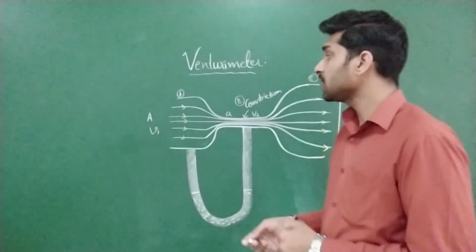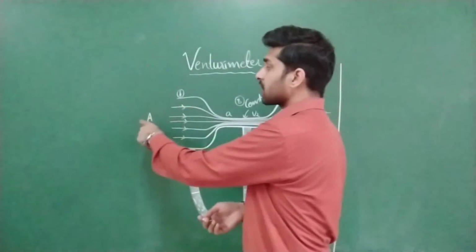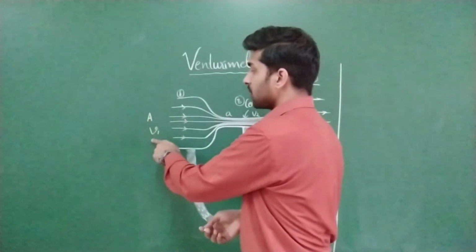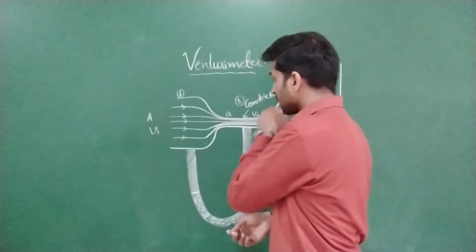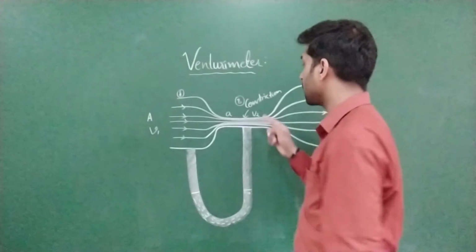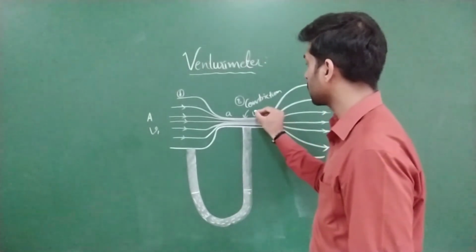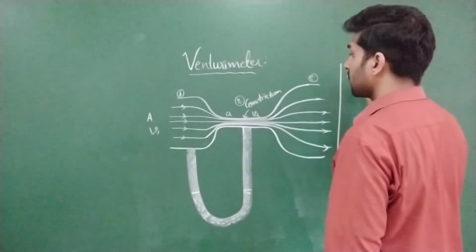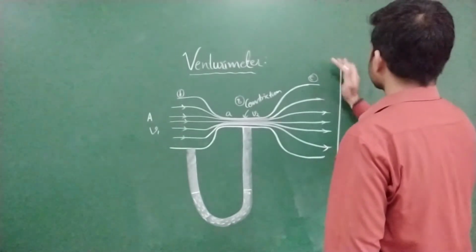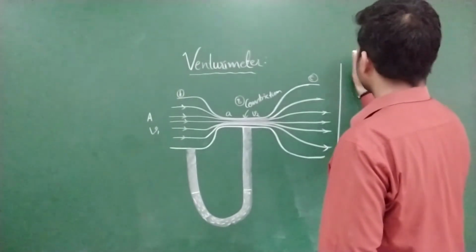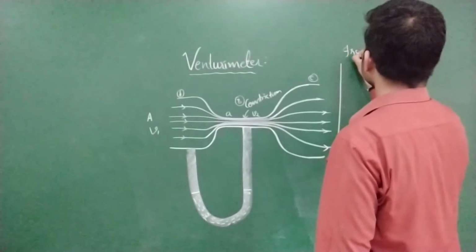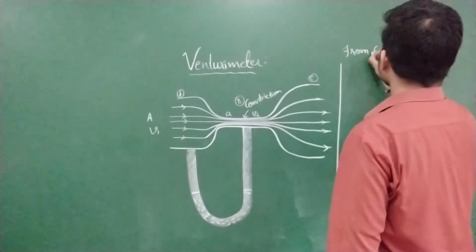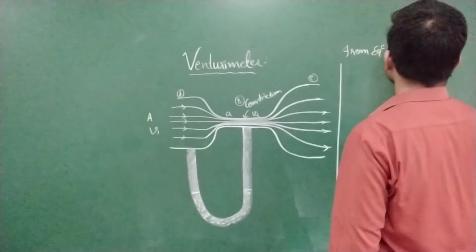Here we have cross-sectional area capital A and velocity small v1. Here the cross-sectional area is small a and velocity is v2. Shall we proceed? First I will mention, from the equation of continuity.